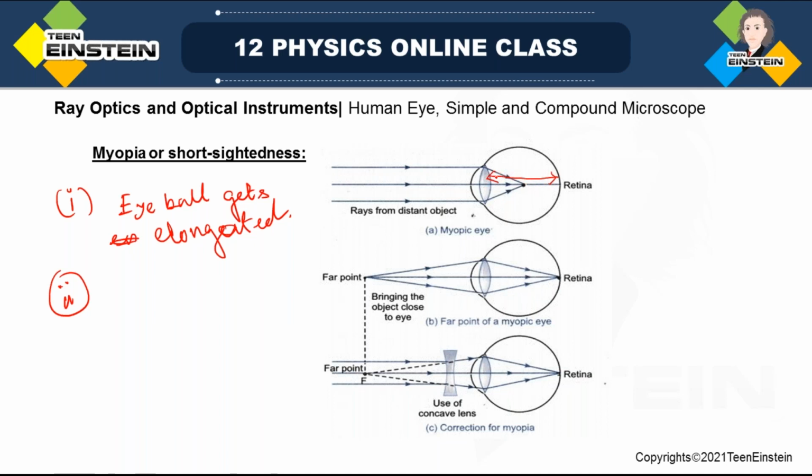This is one reason. Short-sightedness means that the person cannot see far-off objects.